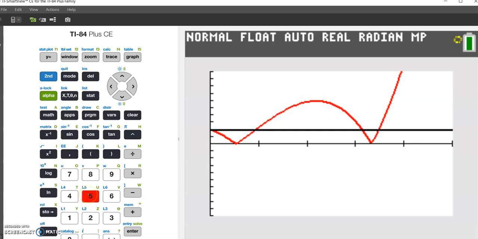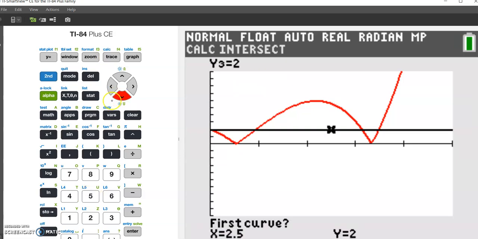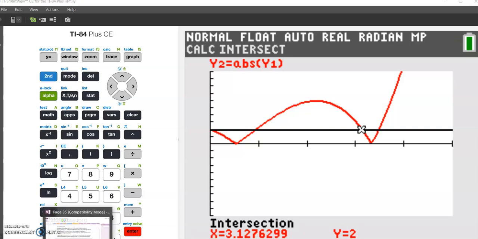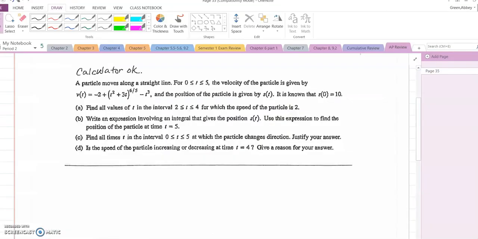So we intersect. Notice that you can toggle between functions. So my first value of time is 3.1276. Remember to go 4 decimal places. When you write your response, you need to make sure that you talk about what's going on in your mind.